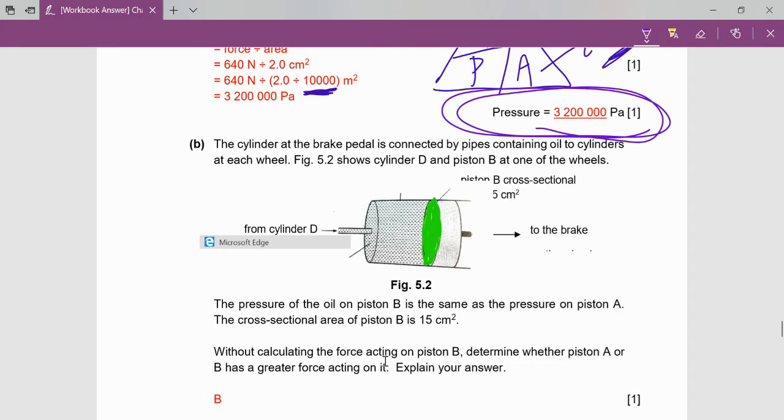Without calculating the force acting on piston B, so you don't need to calculate, you should already know, okay? Without calculating the force acting on piston B, determine whether piston A or B has a greater force acting on it.